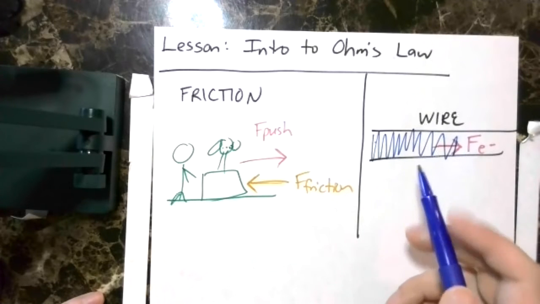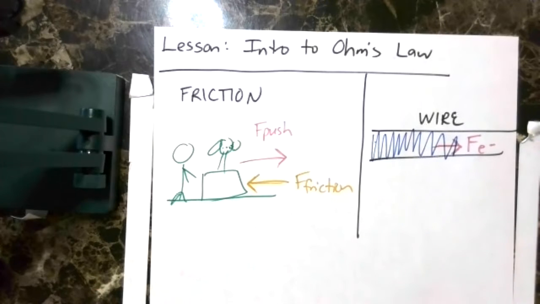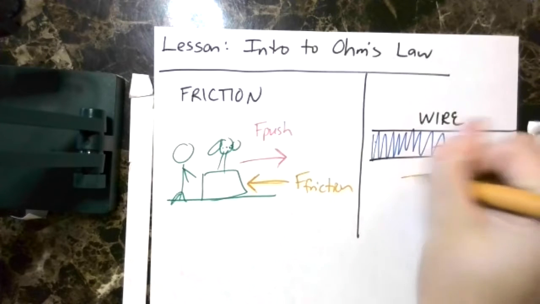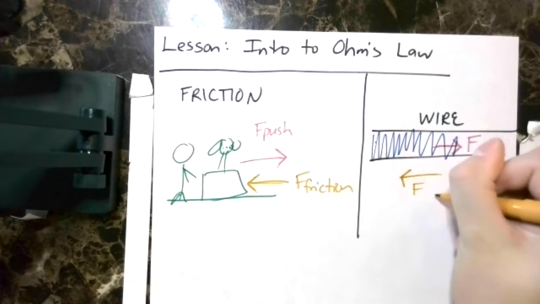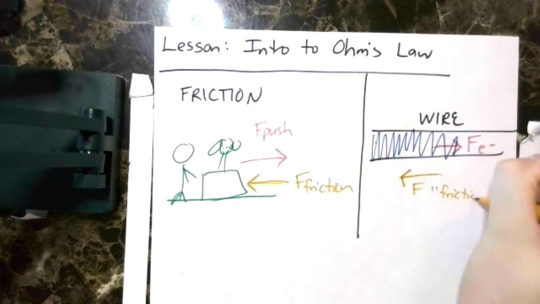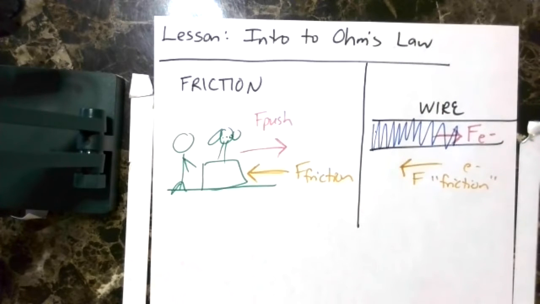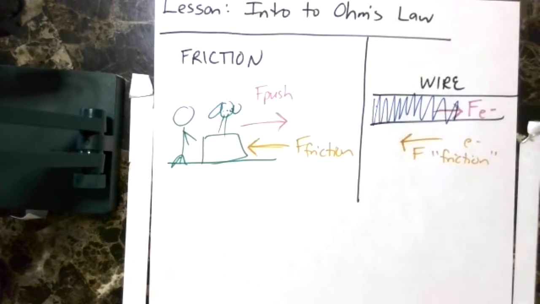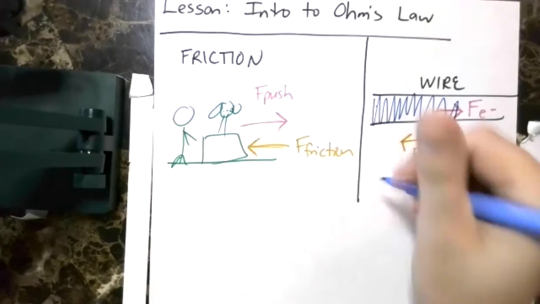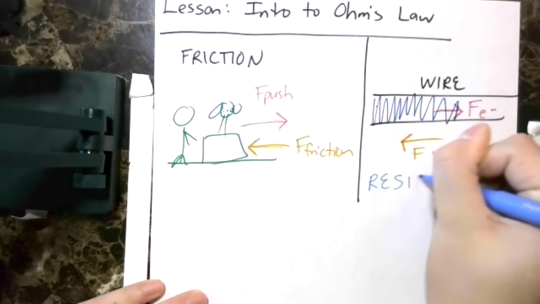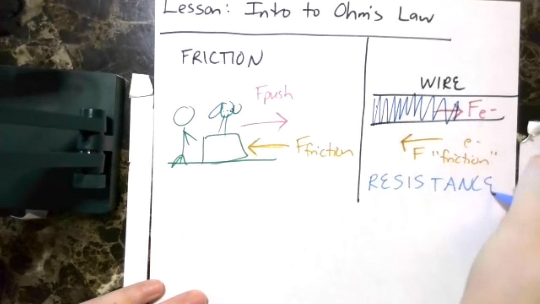So there's this internal force, this kind of electron friction almost. But I'm not going to call it friction. The official term for it is resistance.